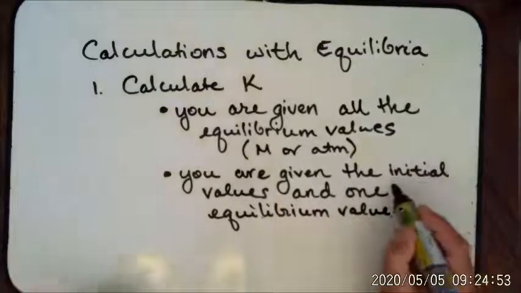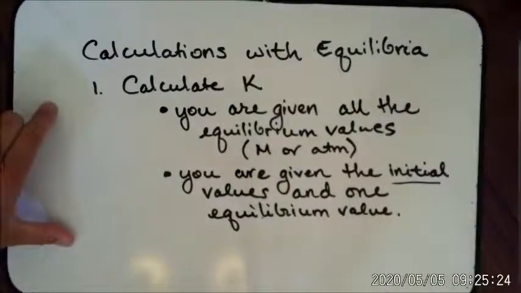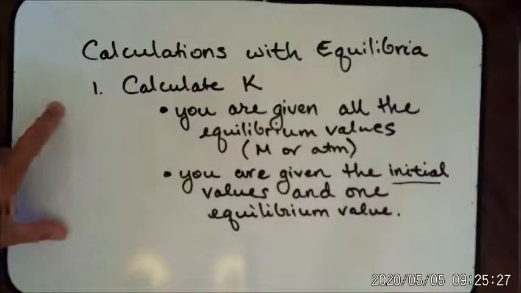When we talk about initial values, remember when we had those reactions in the very beginning with the discussion of equilibrium, and we started off with initial values, and then over time it reached equilibrium, and then the ratio doesn't change. So we're going to give you what we started off our experiment with, but then over time we reach equilibrium, and we have one of the equilibrium values. So that's one type of calculation that we can do, determining K.